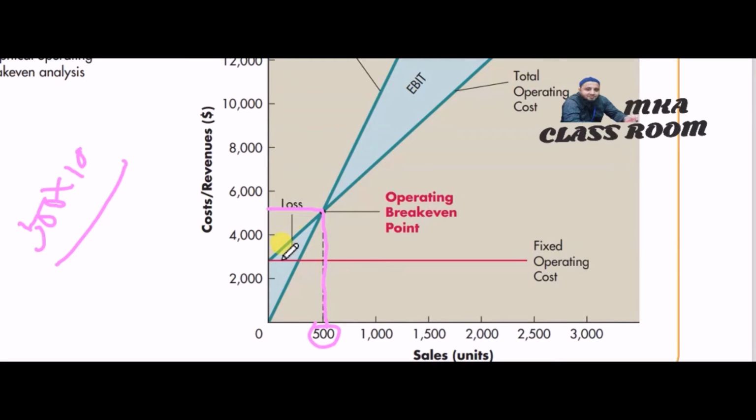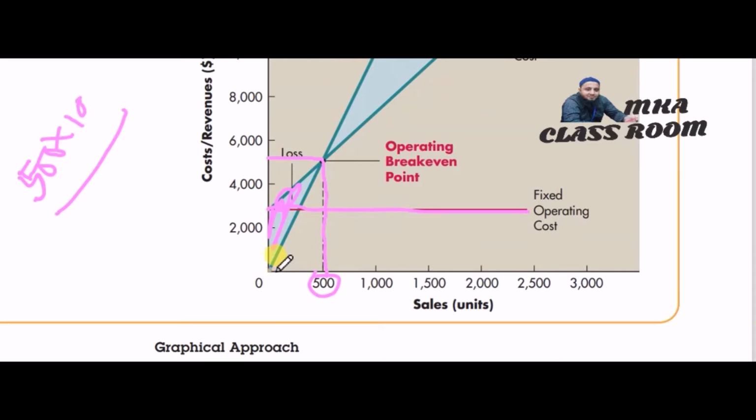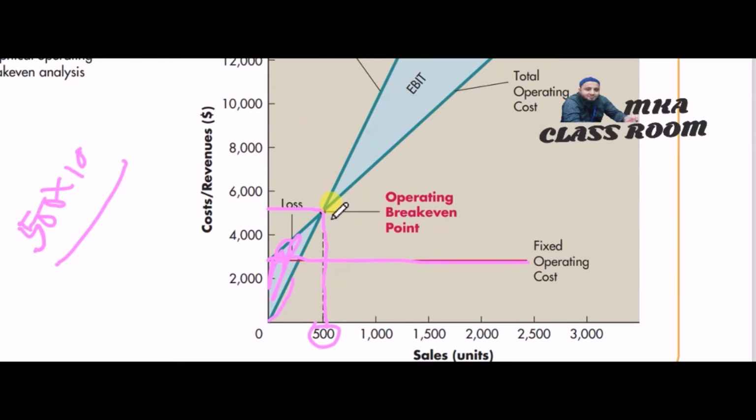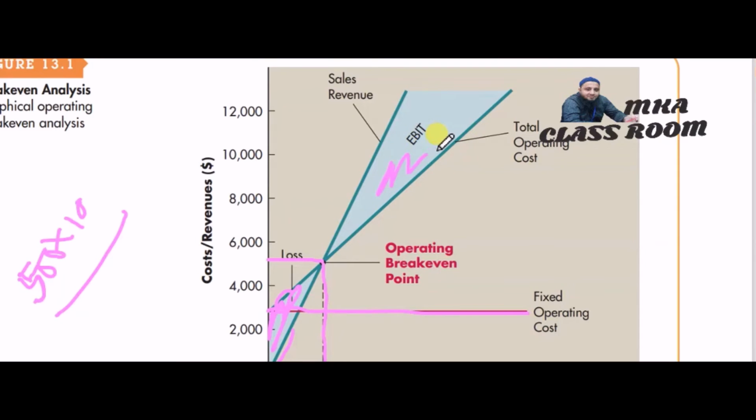If this company sells below 500 units or earns below 5000 taka, then it faces losses. This area is the loss area. These are the fixed operating costs, and sales start from 0. There is the sales revenue, and if this firm operates above 500 units, or above 5000 taka, it earns profit. Profit is in this area.